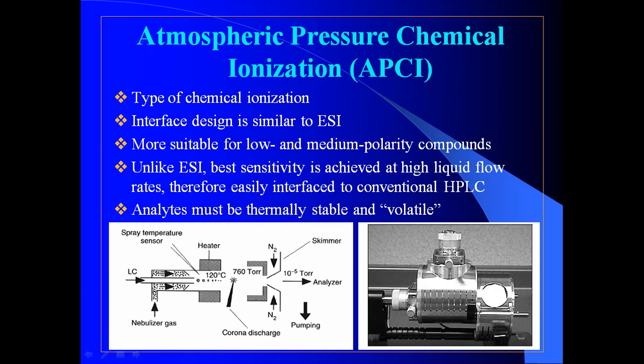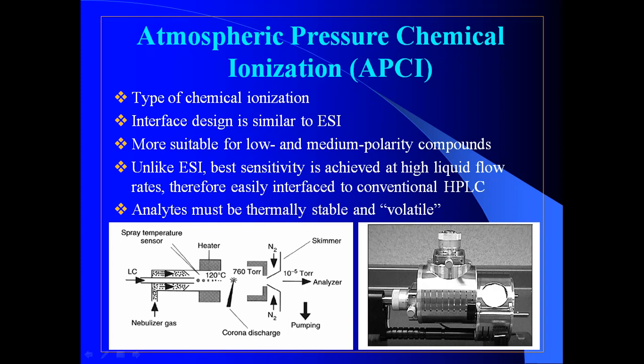In atmospheric pressure chemical ionization, just like electrospray ionization, it has a capillary for nebulizer gas and a capillary for the sample that comes from the LC column, HPLC column, a heater and the corona discharge.